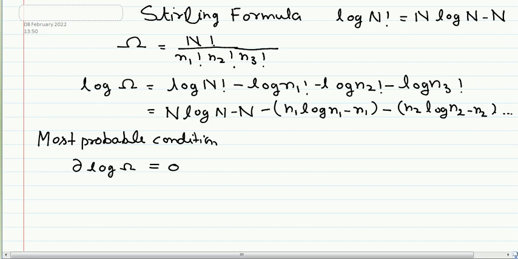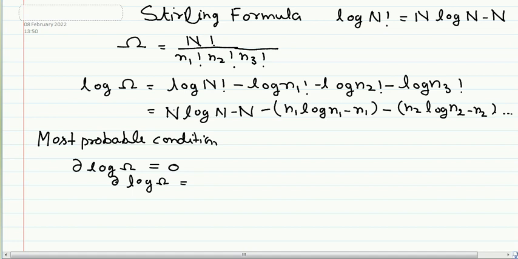So if we calculate the delta of log omega, what will this be? On the other side it will be delta of n log n, and that will be 0. Delta of n is also 0. Why? Because n is a constant number. N is the number of particles which is constant in the system.